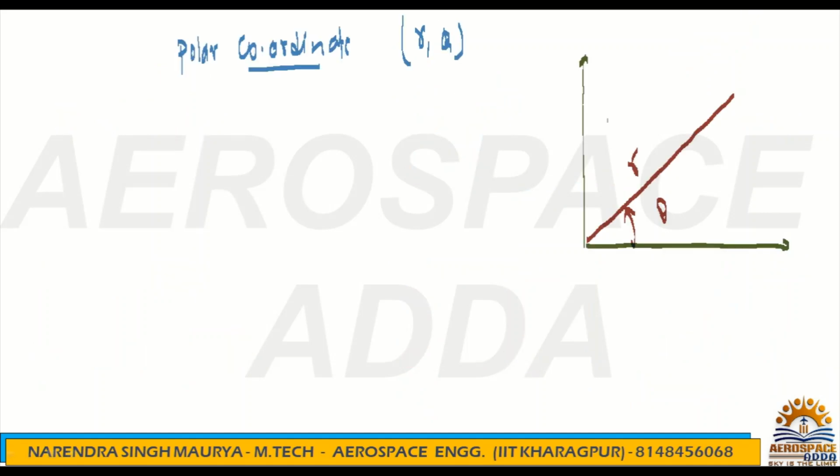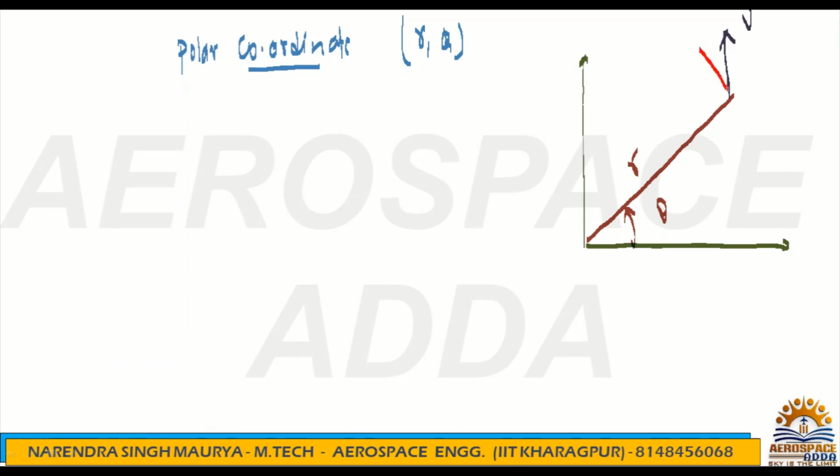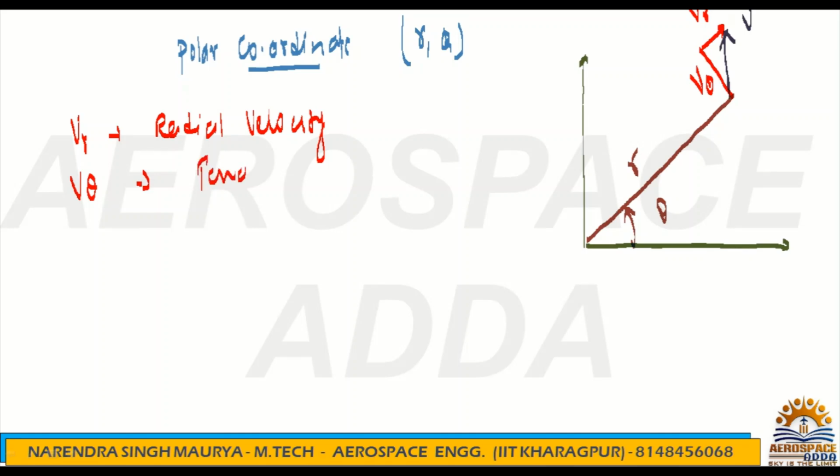Similarly, in the radial direction we will have a radial velocity, that is vr, and in the theta direction we get the tangential velocity. Always remember. Suppose this is the resultant velocity v. The two components of this velocity are: one is the tangential velocity in the direction of theta, and the other is the radial direction velocity, vr. So vr is the radial velocity, and v theta is the tangential velocity.